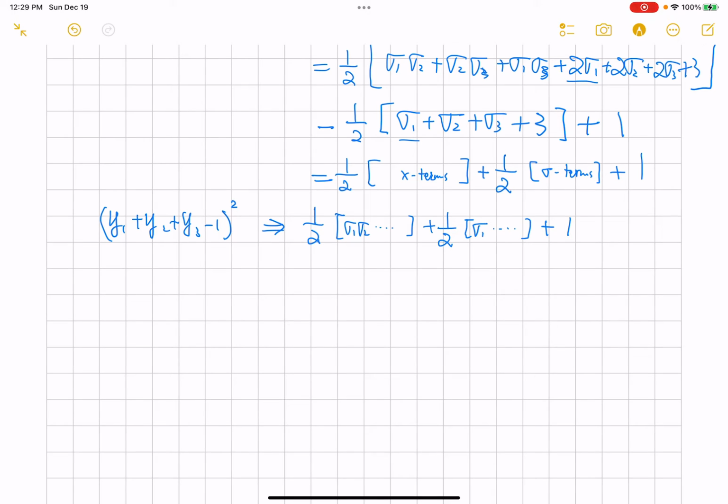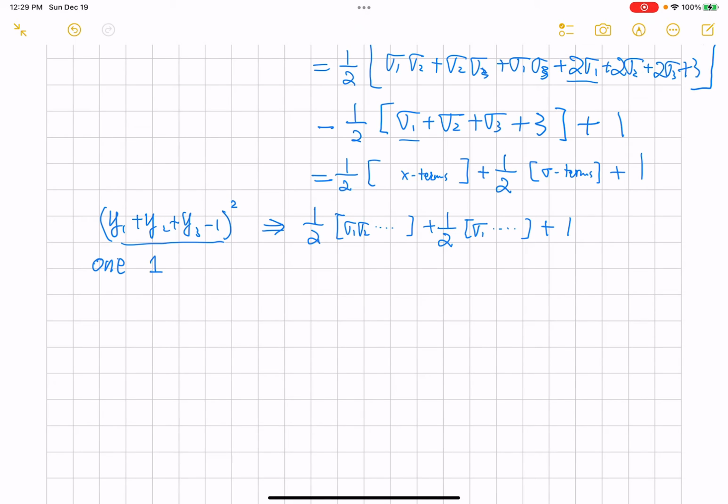Let's think about this. What happens if I have 1 spin up? I'm going to call this 1, 1. If I have 1, 1, obviously you look at the left hand side, that's exactly 0. And let's see what happens in the right hand side.